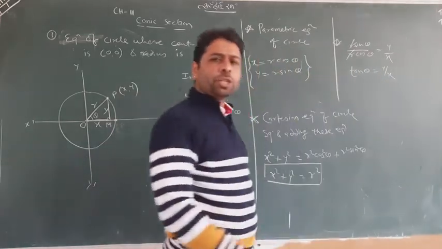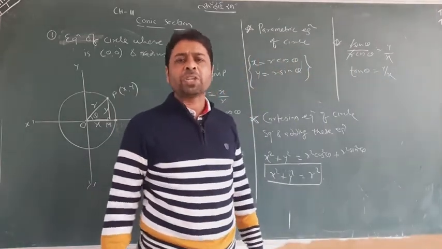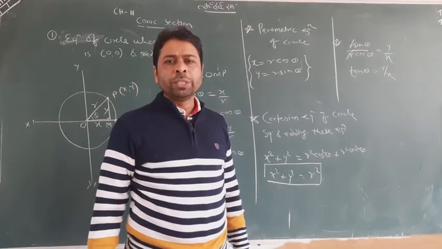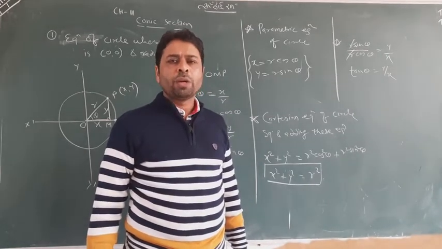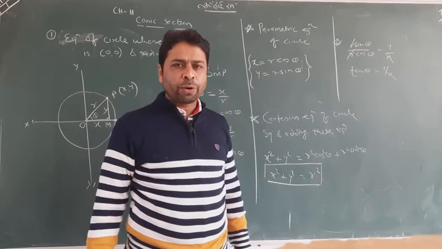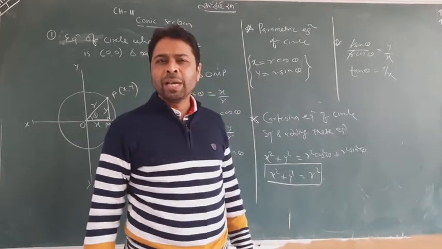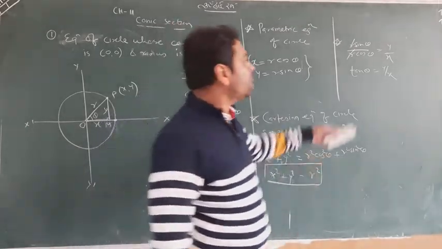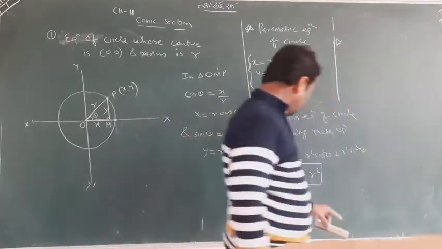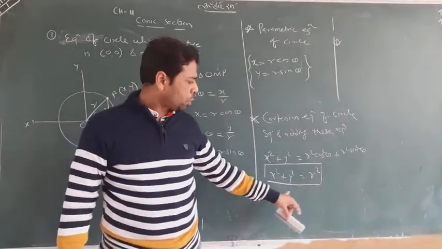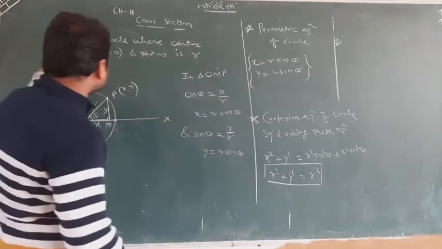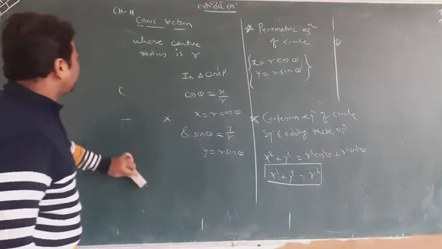This is the procedure you remember from complex numbers, when we found the argument or amplitude. That time we saw the formula tan theta equal to y by x, and we can find theta from there. But this is extra knowledge. The main thing you have already studied is x square plus y square equal to r square, so keep in mind this important formula.